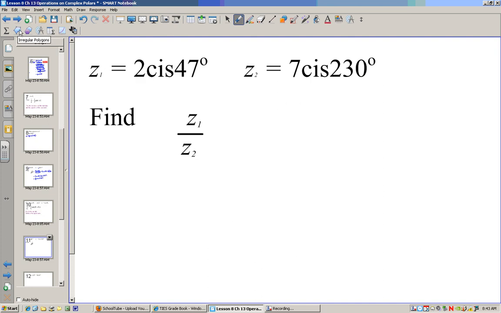All right, let's try it out. So to do our short way, 2 divided by 7, CIS, and then we have 47 minus 230, which is negative 183. We could put a little degree sign up there if we wanted to.